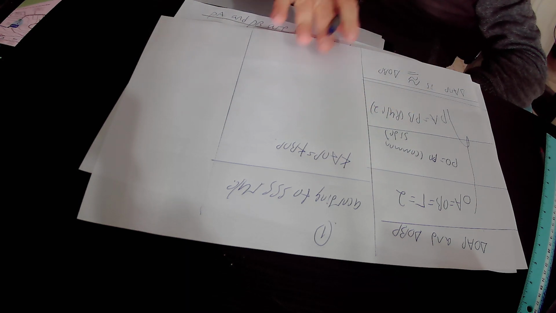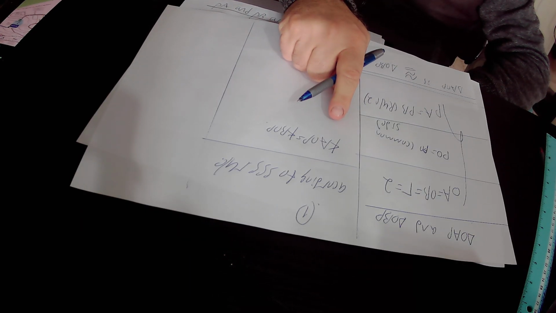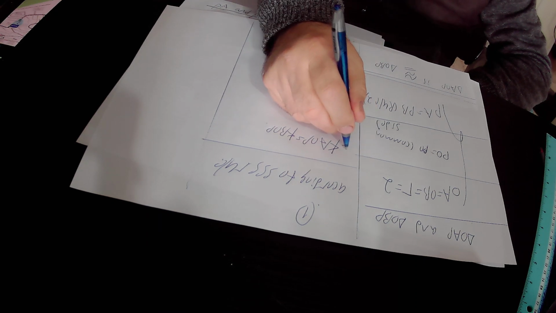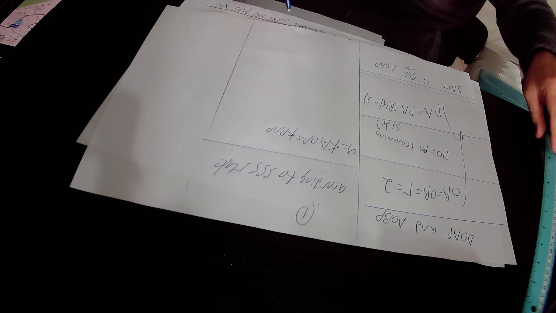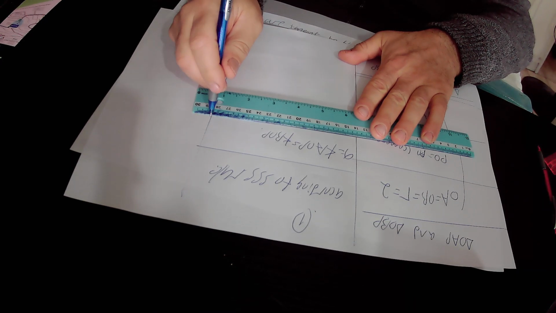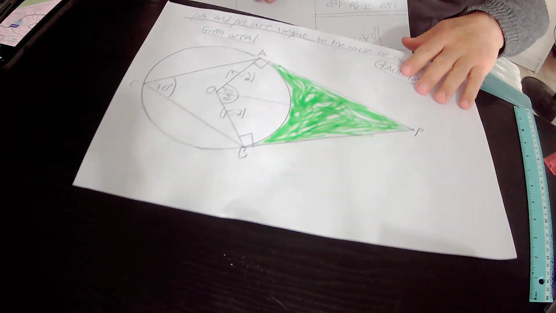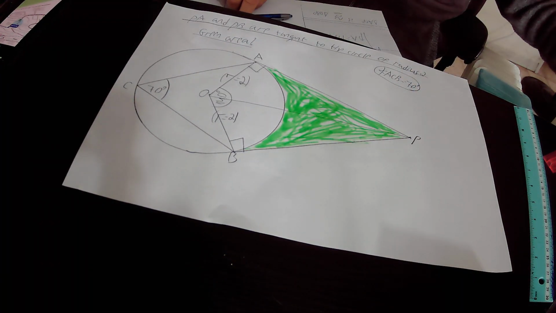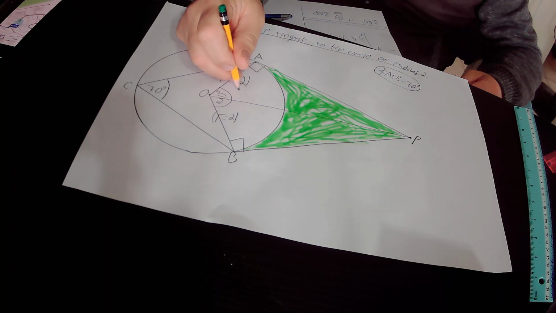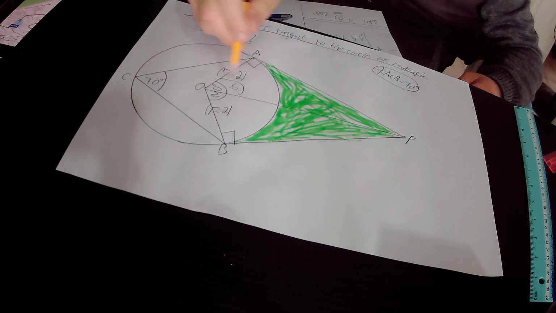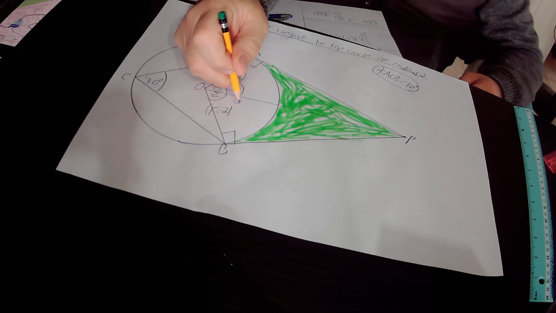So if we define one of those two equal angles as alpha, then the other angle must also be equal to alpha because they are equal to each other. So if we define angle AOP as alpha, then angle BOP is also equal to alpha.